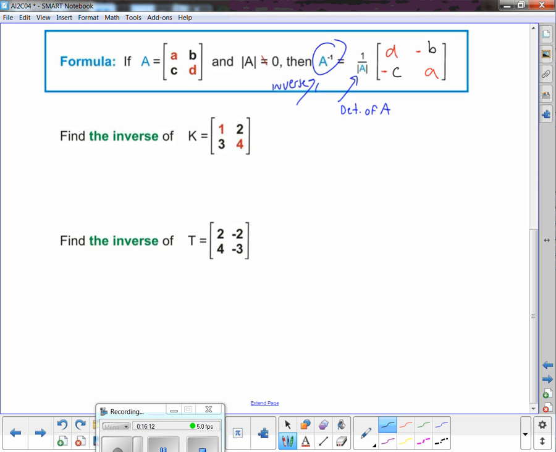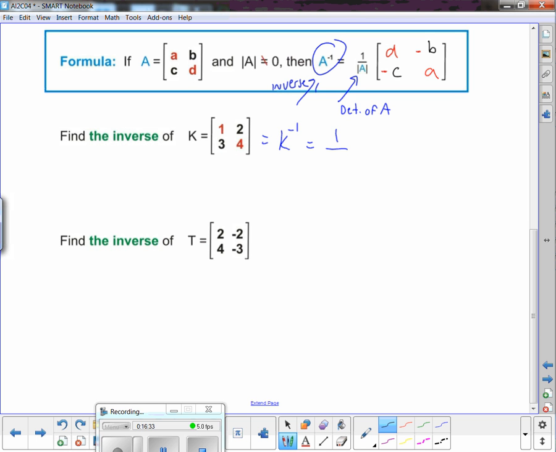So here's K. We're after the inverse of K, which is K to the negative 1. That's what we're after. To do it, we've got to multiply by 1 over the determinant of K. That we've got to figure out, right?